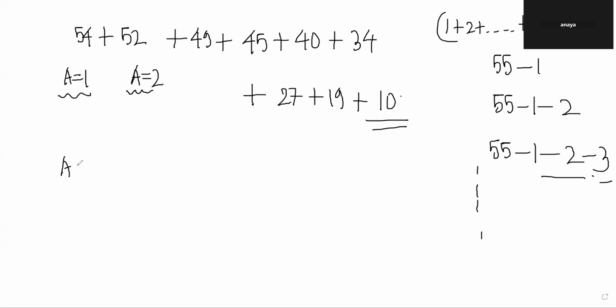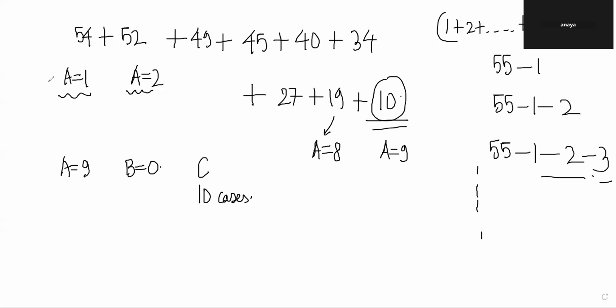When A is 9, what can B be? B has to be 0. But C can be anything from 0 to 9, so there are 10 cases for C. So this is for A equal to 9. This is for A equal to 8, and so on.